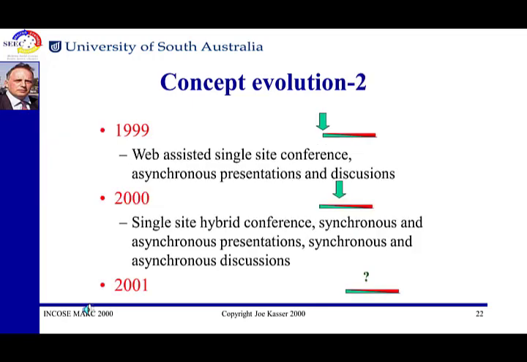In 1999, it had evolved into a web-assisted single-site conference with asynchronous presentations and discussions. Totally online, no face-to-face meetings at all. But by 2000, it had come back to a single-site hybrid conference with a mixture of synchronous and asynchronous presentations, synchronous and asynchronous discussions. What's going to happen in 2001?